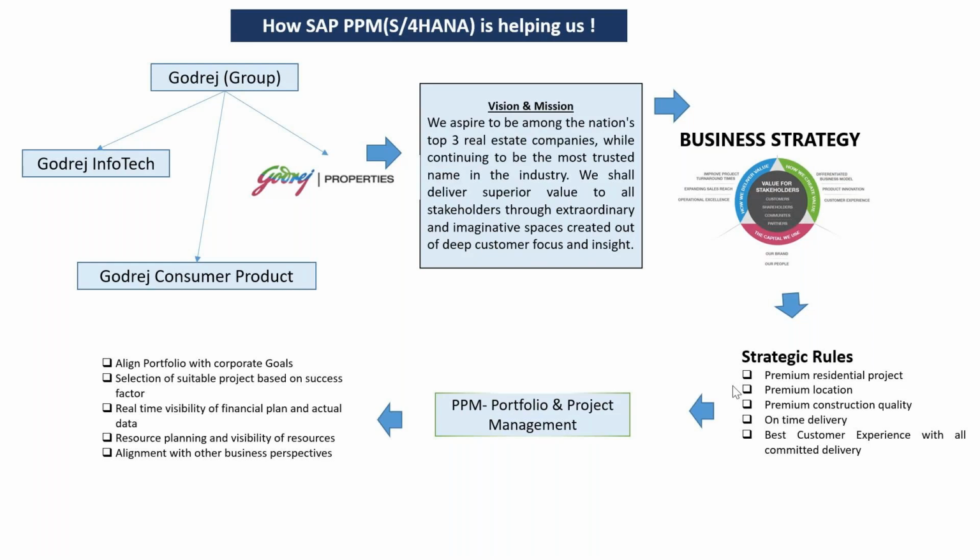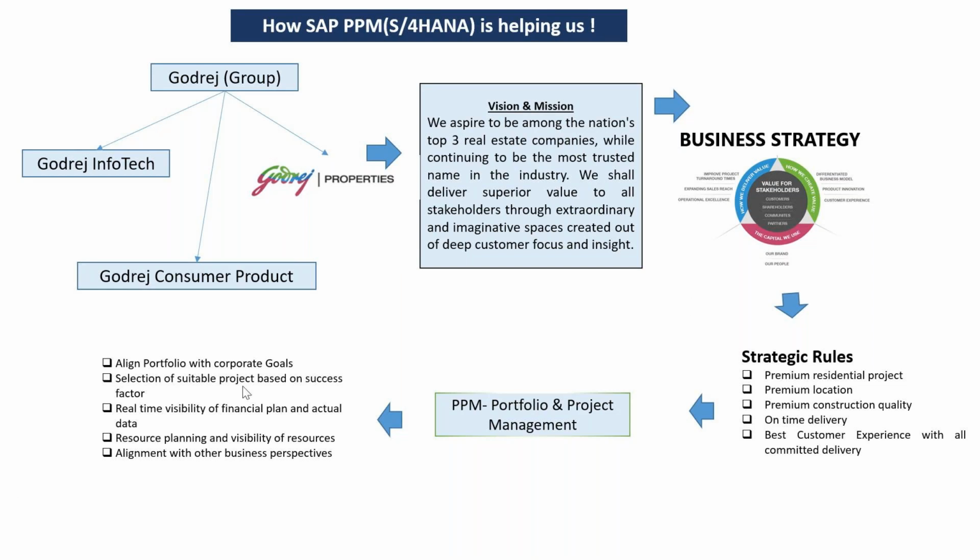They need to apply this strategic rule to their end task, like their project, to achieve the vision and mission of the organization. So in this entire cycle, PPM is helping us to achieve all these things.